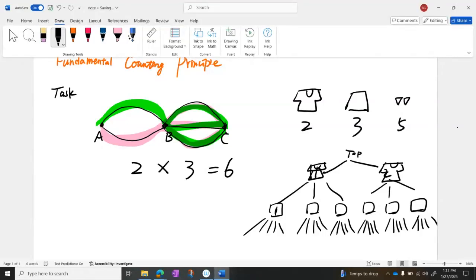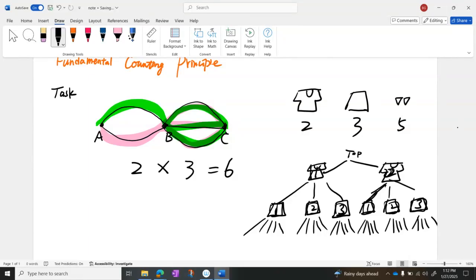Suppose you choose the first top, then you can choose the first bottom, or the second bottom, or the third bottom, right? Same way, if you choose top 2, you also could choose skirt 1 or skirt 2 or skirt 3, right? And you already have 6 right now before you even pick your heels.